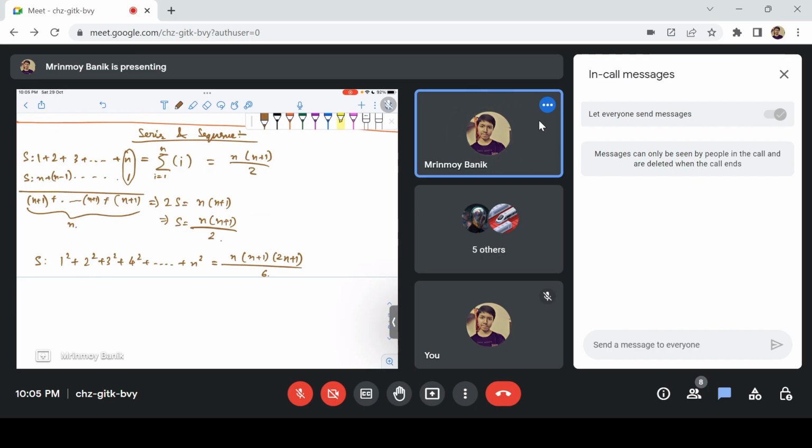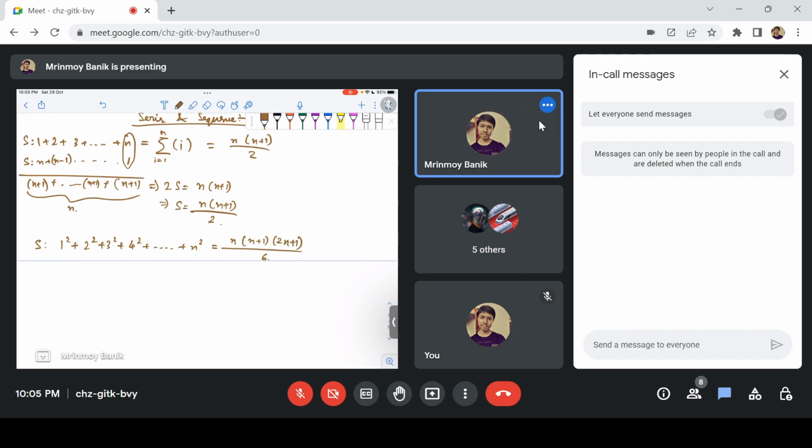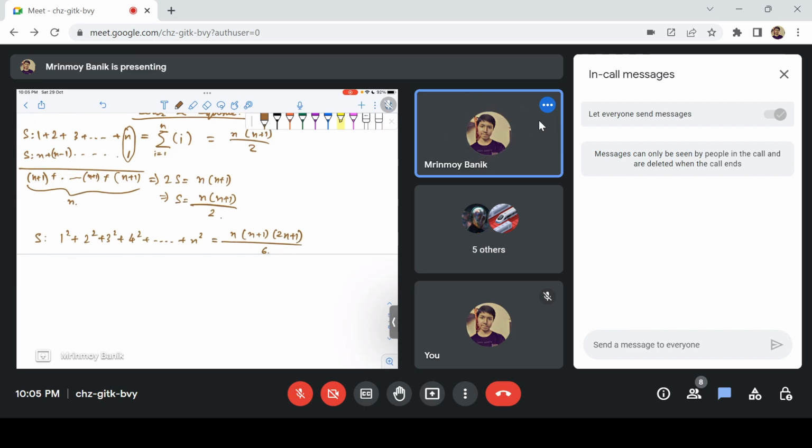I guess an easier way would be, so s equals sum over i squared. So first observe what happens when you take the difference of two consecutive cubes.